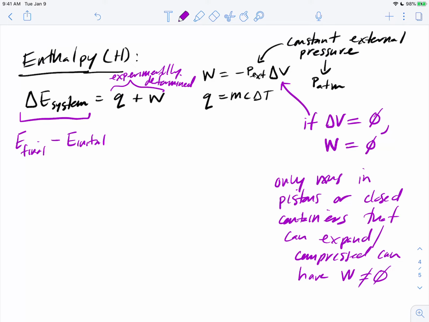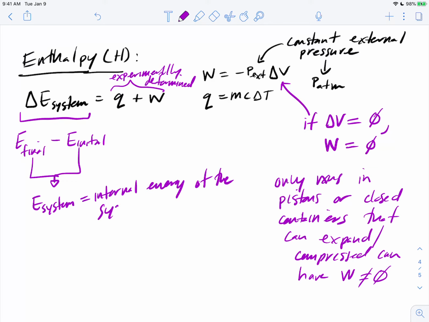But we can't easily determine the delta E of a system because of either one of these. E system, either final or initial, is what we call the internal energy of the system.